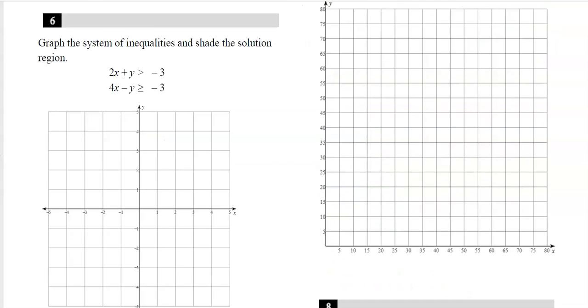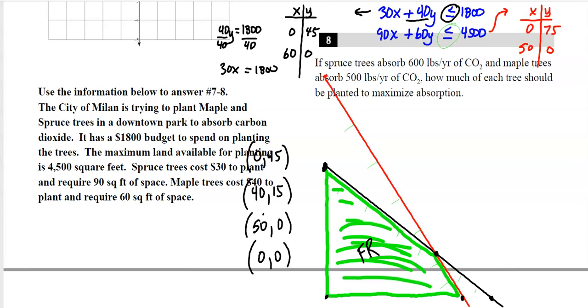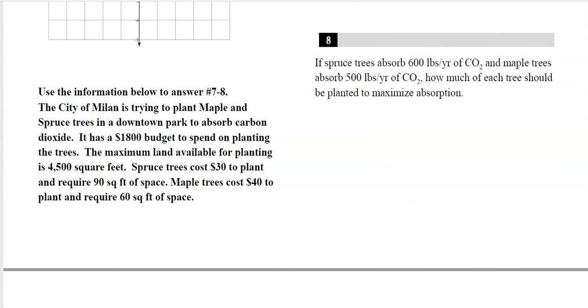And then I move down. This is where we have an objective equation, if you remember back from the notes, where we're trying to maximize or minimize something. We're trying to maximize absorption, so we can make an equation for absorption.